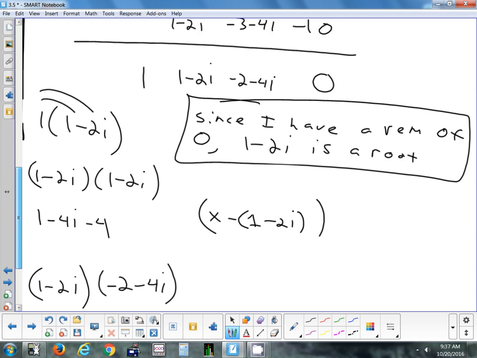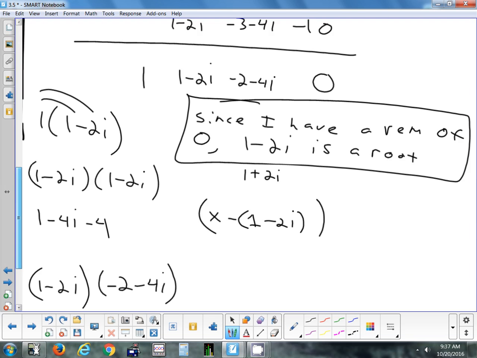Now, with complex numbers, when you get a root, what always has to happen? 1 minus 2i is a root in this problem. What else is automatically a root? Because 1 minus 2i is a root, then 1 plus 2i is also a root. Even if they don't say that, it has to be true.